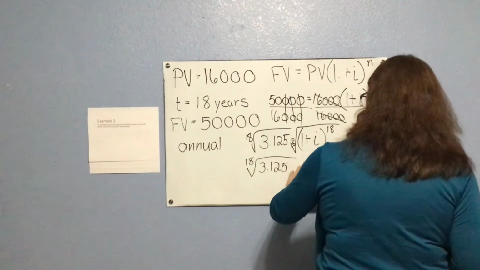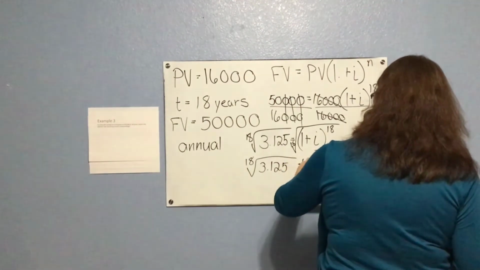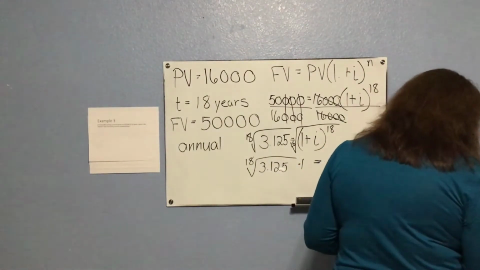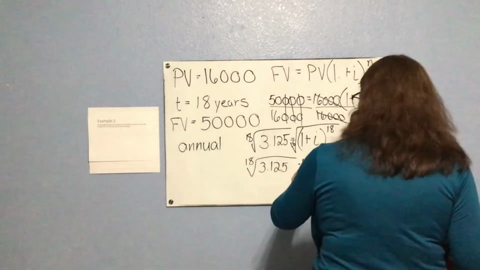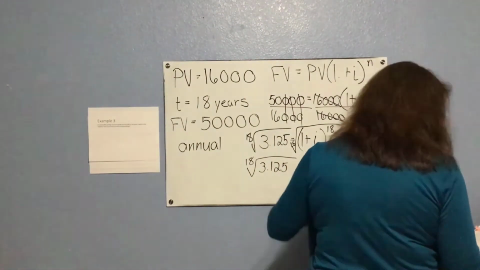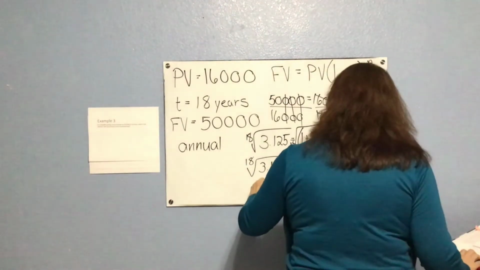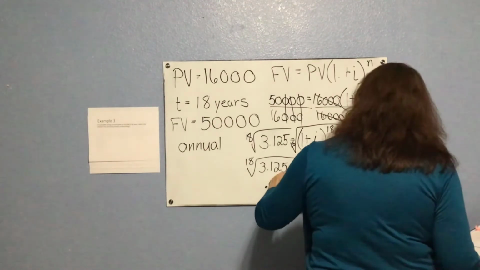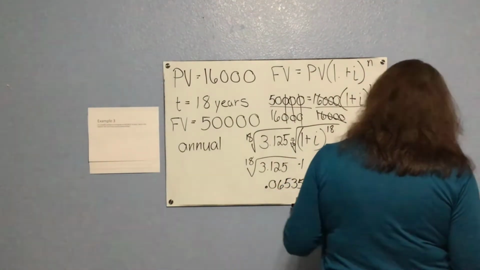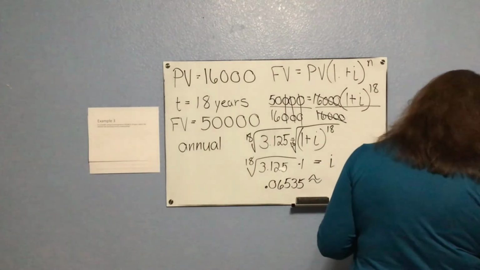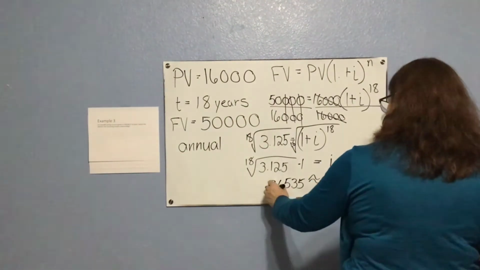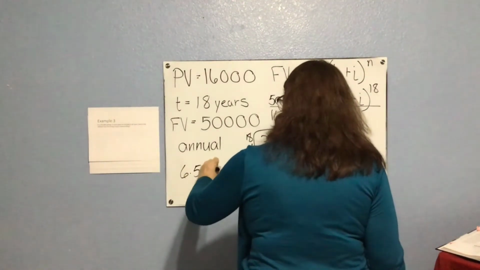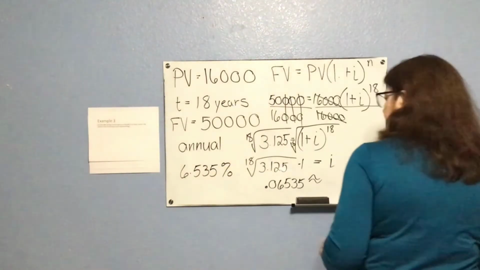Okay, and then I can just subtract 1 and move my equal sign over. And this comes out to approximately 0.06535. So the answer to the question of what is the interest rate, changes back to a percent, 6.535%.